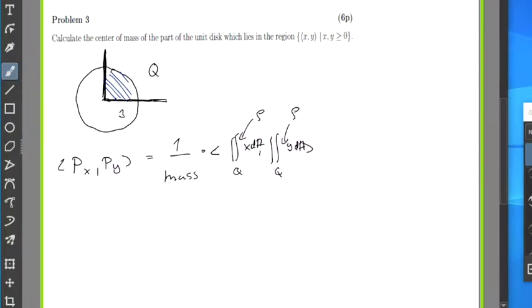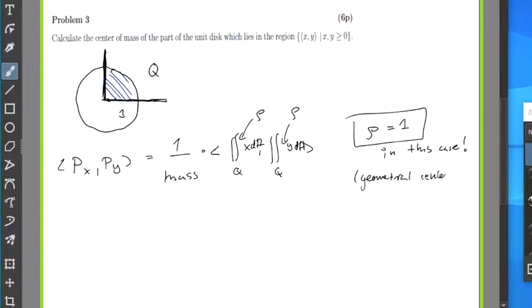So then the density function is equal to 1 everywhere. So then the mass is actually equal to the area.